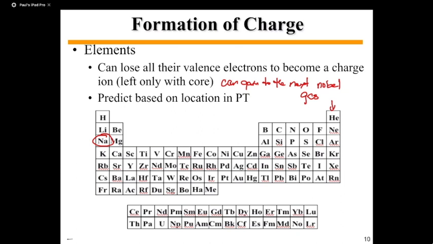So when sodium reacts, it will lose the electron in its valence shell, and it will be left with 10 electrons, the perfect number. Its charge would be plus 1, because it has 11 positives and only 10 negatives.